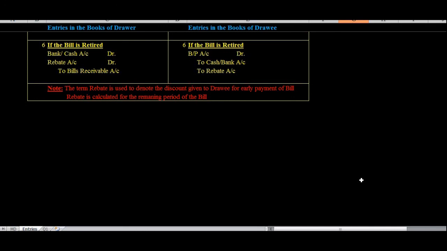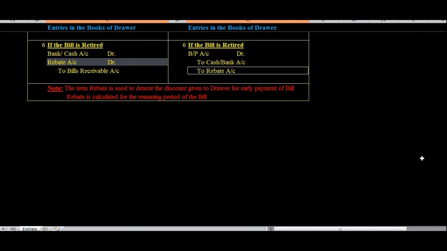Drawer also thinks, okay, I am receiving money in advance, I have no problem in giving discount. So he gives a discount, and such a discount is called a rebate.